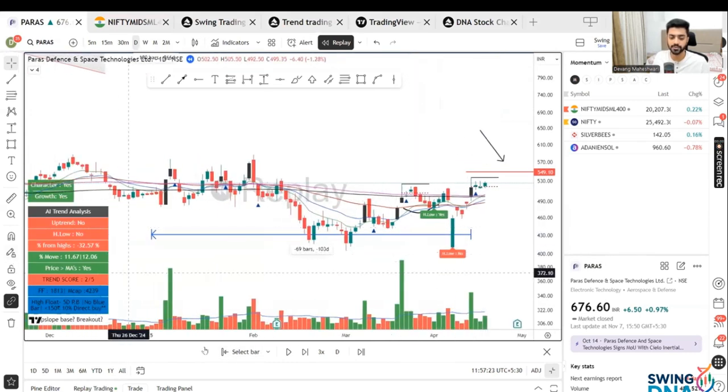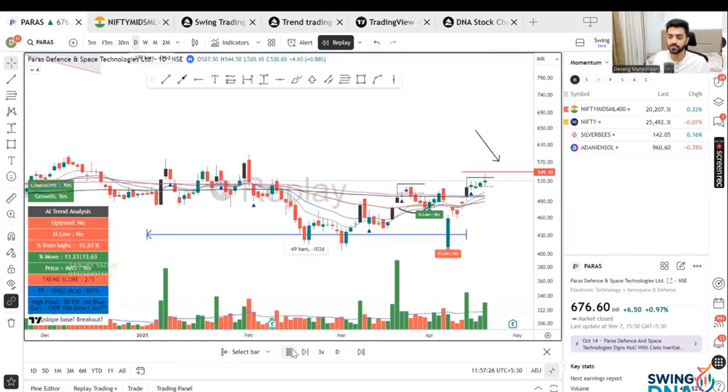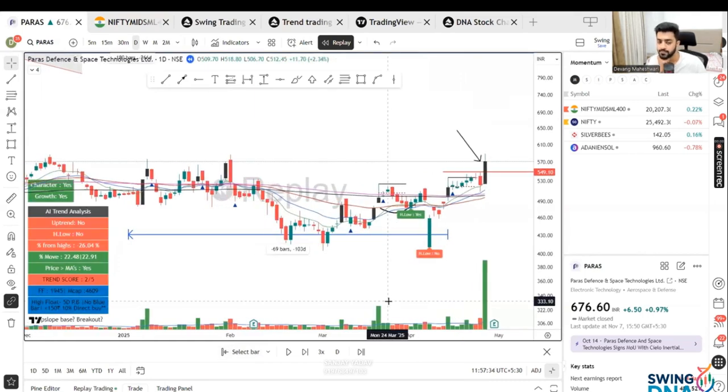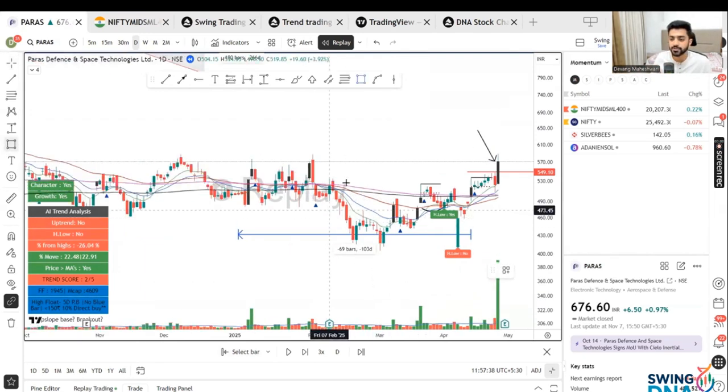Oh, minus 32% from highs. And this, no entry. Let's see on this particular bar. Very close, 26%. 26.04%. Higher low, it spent some time up here also.